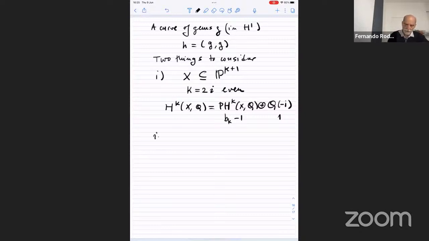And then the other thing is that it could be the case, as we have for the fourfold, that there are these zeros outside.